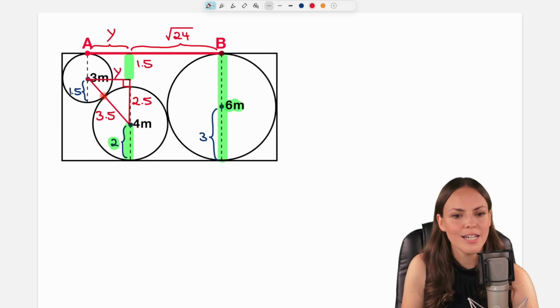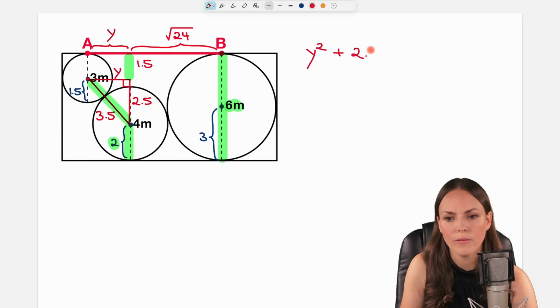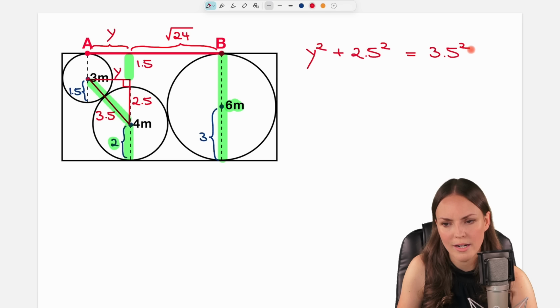Now we have a right triangle and we can use the Pythagorean theorem again. The hypotenuse is across my right angle, so this is my hypotenuse. And for the Pythagorean theorem, I take one side, it's the y, and I square it, plus the other side, the 2.5, and I square it, and then I get the hypotenuse squared, so 3.5 squared.